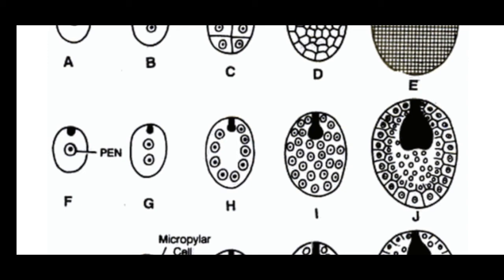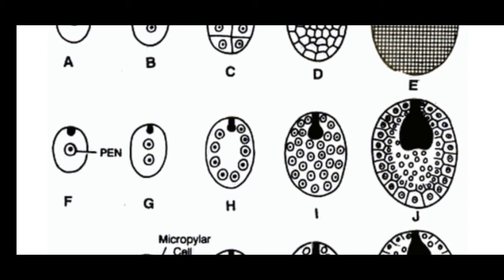When this is happening, that central vacuole which was there initially will now have nuclei suspended in it. That central vacuole will have a sap filled with a large amount of hexose sugar, and minerals and water definitely.